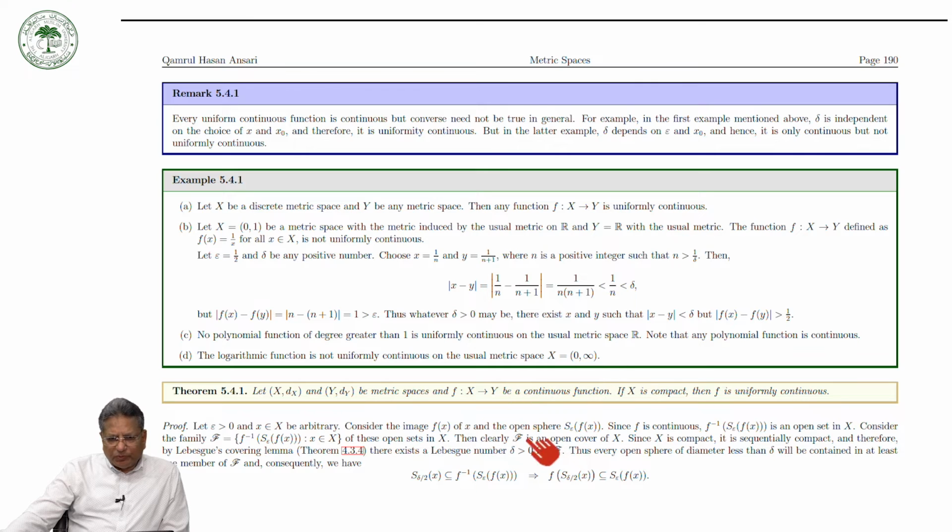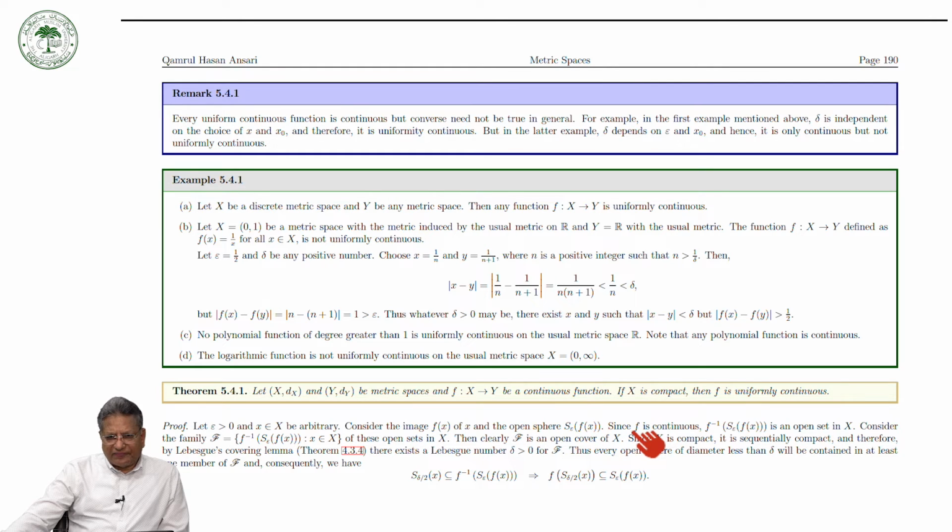So, to prove that f is uniformly continuous, let epsilon be greater than 0 and x be arbitrary. Consider the image f of x and the open sphere with center at f of x and radius epsilon. Then this set is an open set.